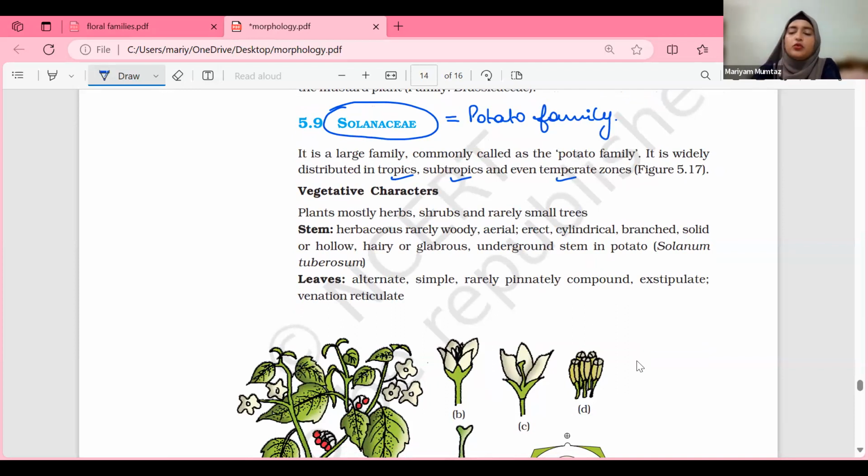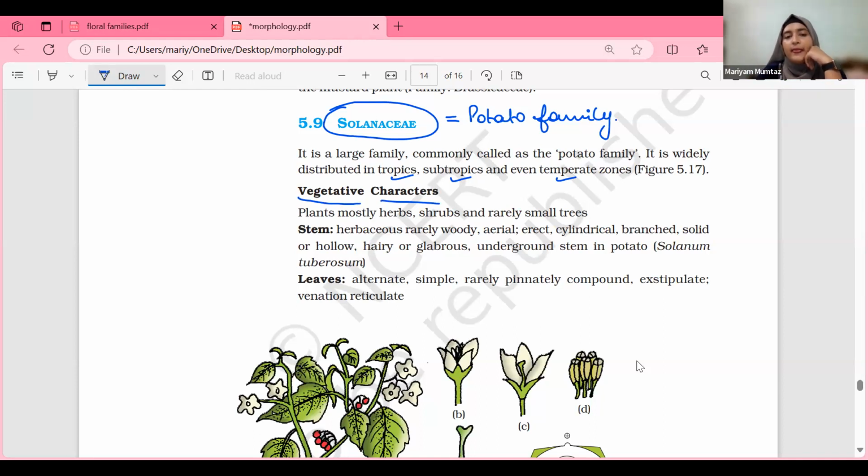So it is found in most of the areas in the world, particularly in the tropical areas where there is very high rainfall, in the subtropical areas where there is minimal rainfall, and then even in the temperate zones. Now let us talk about the vegetative characters of this particular family, Solanaceae.